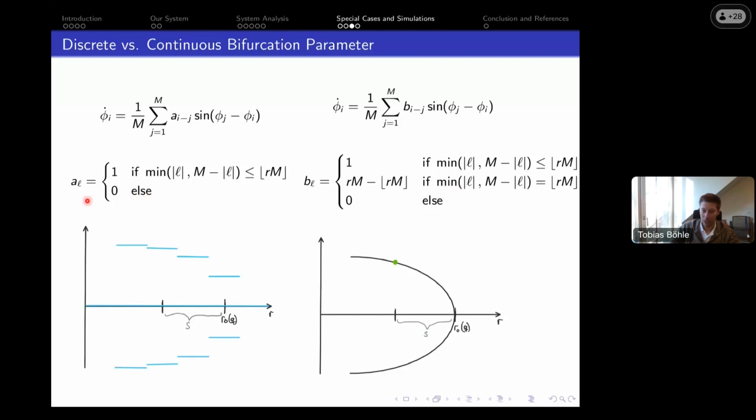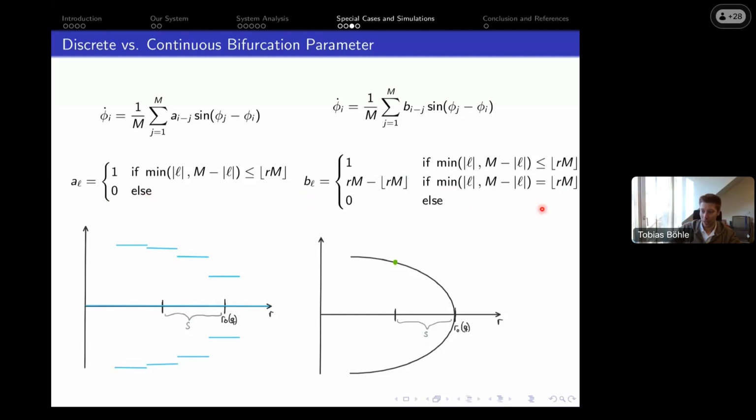Here for these coefficients, what you do is you suddenly increase the weight of an edge in this graph from 0 to 1, and then you suddenly increase the weight of the next coefficient from 0 to 1.